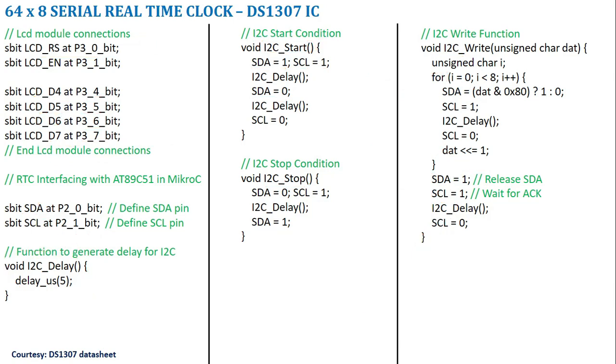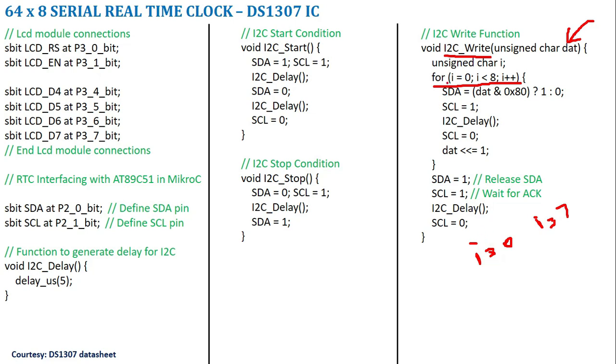Next, we are going to write using I2C. To write data through I2C, I am going to get the data. Then we send the data one by one. So we run a for loop 8 times, i equal to 0 to i equal to 7, that is 0, 1, 2, 3, 4, 5, 6, 7, 8 times.